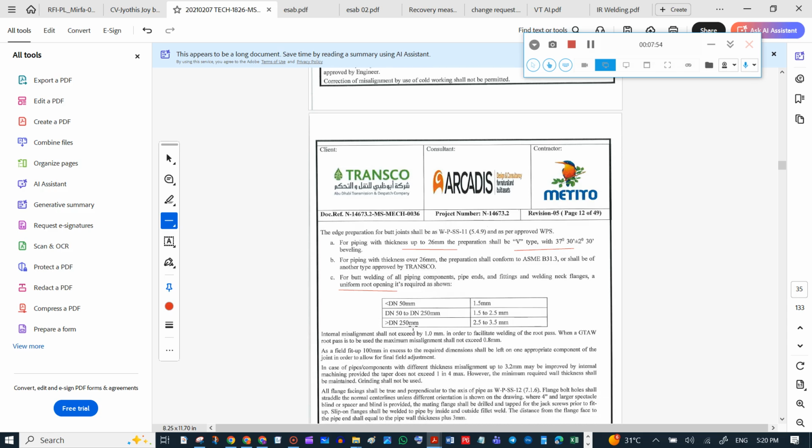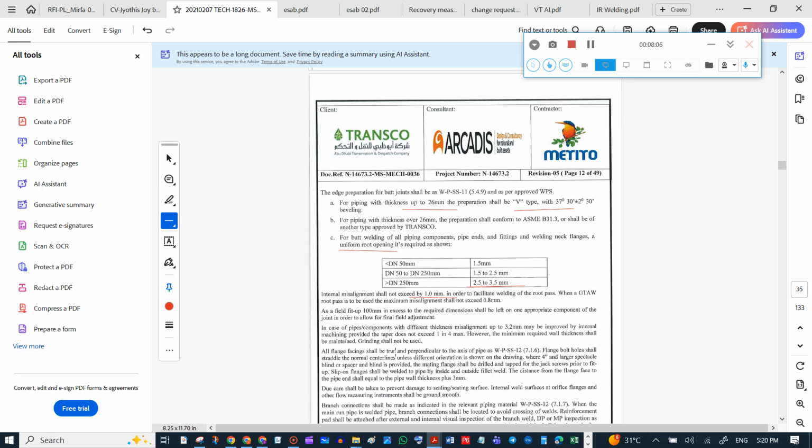For greater than 250 mm diameter, it is 2.5 to 3.5 mm. Internal misalignment shall not exceed 1 mm for the welding of the root pass. When the GTAW root pass is used, misalignment should not exceed 0.8 mm.